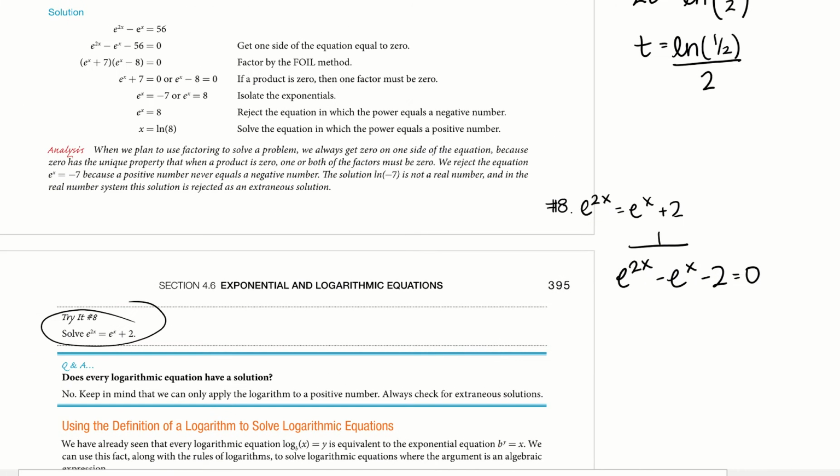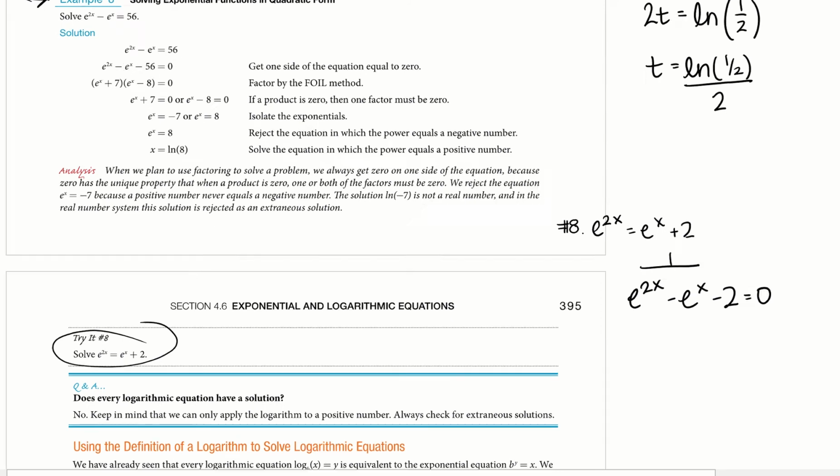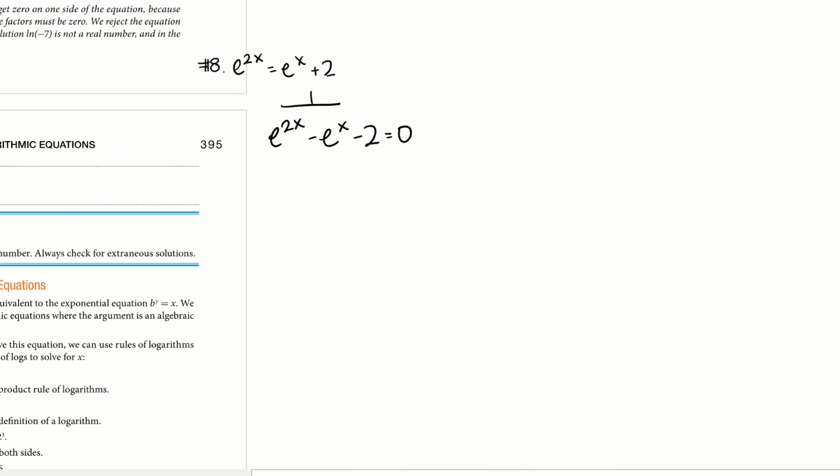And then, as up here, you would use the FOIL method. So that would give you (e^x, one is positive, one is negative, e^x), they will equal, okay, so you have, they're going to equal negative 2, added together they're going to equal negative 1.